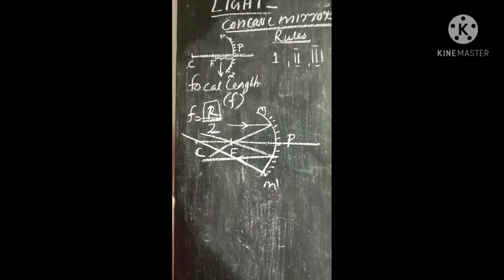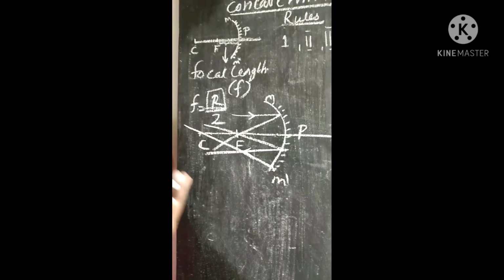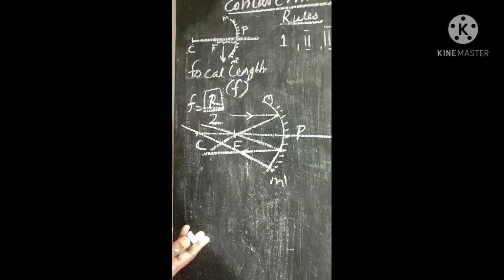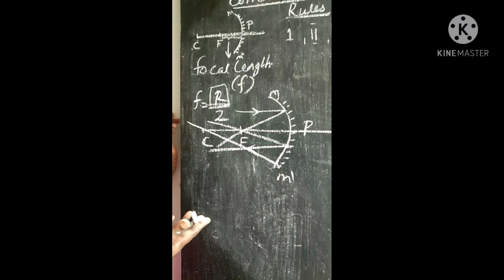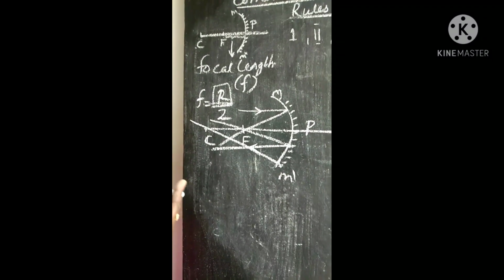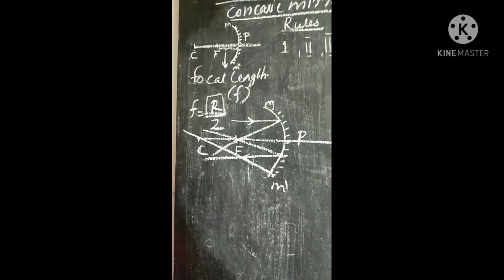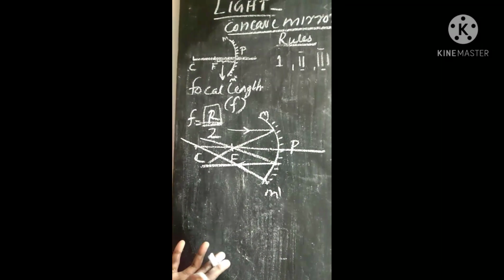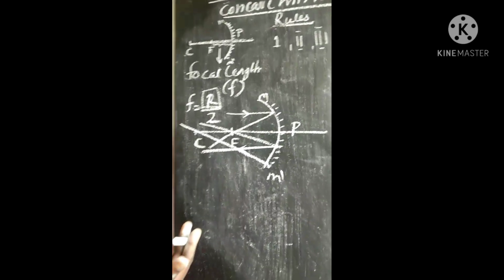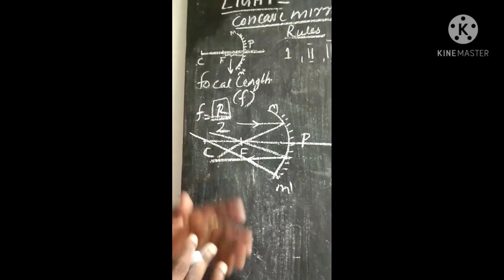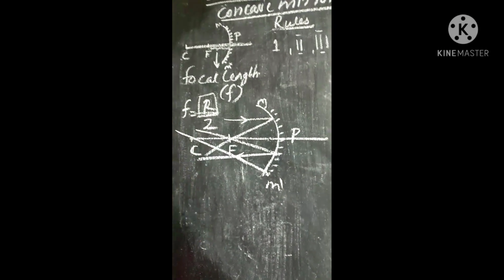It can be parallel to the principal axis. It may go through the principal focus of the mirror, or it can pass through the center of curvature of the mirror. So we can expect any type of rays from the object, and they can go anywhere in front of the concave reflecting side.